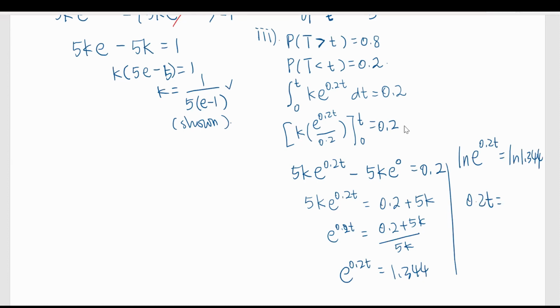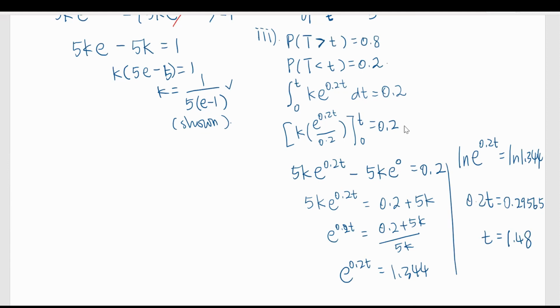Let's use calculator. Zero point 29565. And finally, we found the t equals to 1.478, round up to 3SF, 1.48.